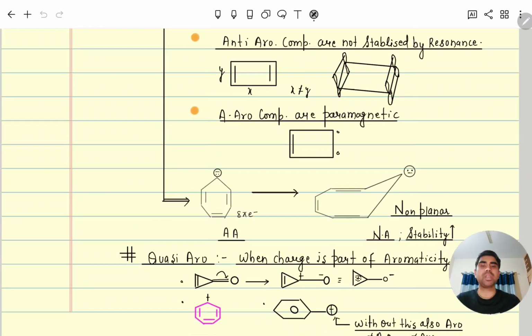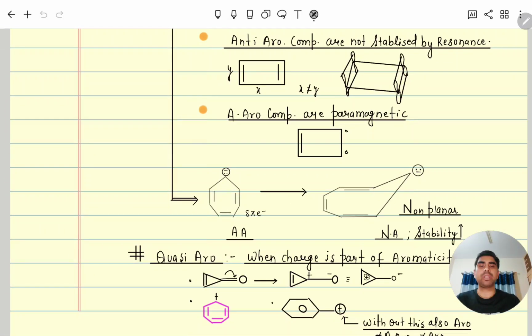Here you can see it has how many carbons in total? 1, 3, 4, 5, 6, 7. So with 7 or more carbons it will become non-planar. So here you can see it became non-planar, from planar to non-planar.